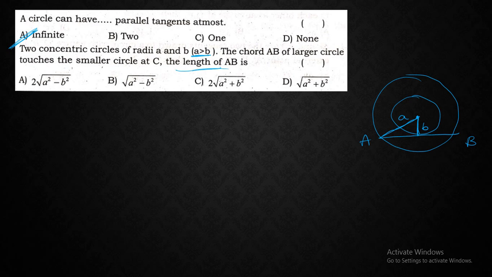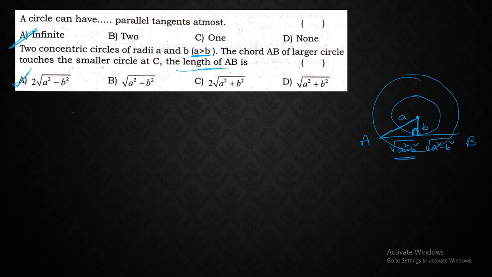So already we know this is 90 degrees. So what about this length? This length is given by root of A square minus B square. If this is root of A square minus B square, this is also root of A square minus B square. That means 2 times root of A square minus B square.